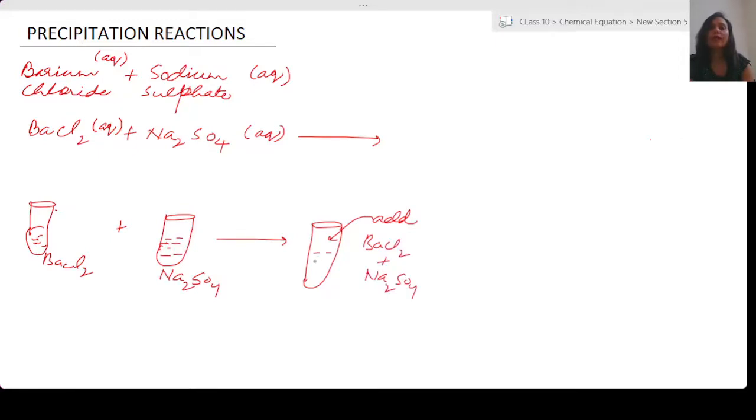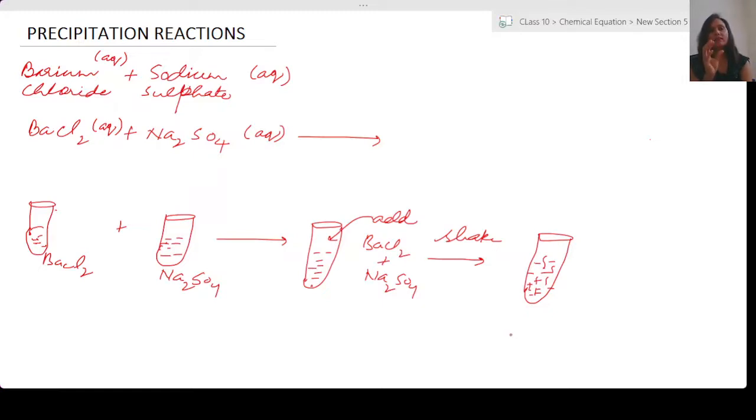Now when they both are added and you shake the test tube, you will find that inside the test tube, in between the liquid, you will see certain particles which are hanging. These are very flaky, curdy, like curd particles.